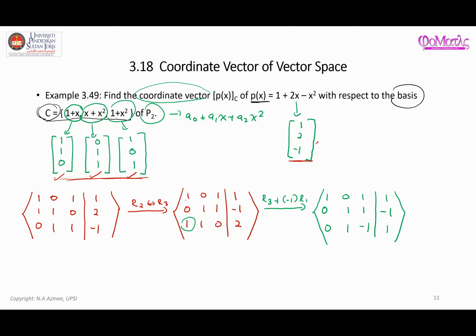Okay, next I'm going to turn this value into 0. Therefore, R3 plus negative 1 R2 will give me this result: 0 plus 0 is 0, 1 minus 1 is 0, negative 1 minus 1 is negative 2, 1 plus 1 is 2.